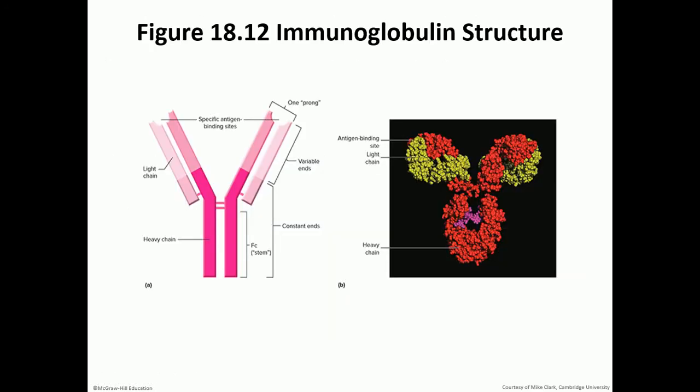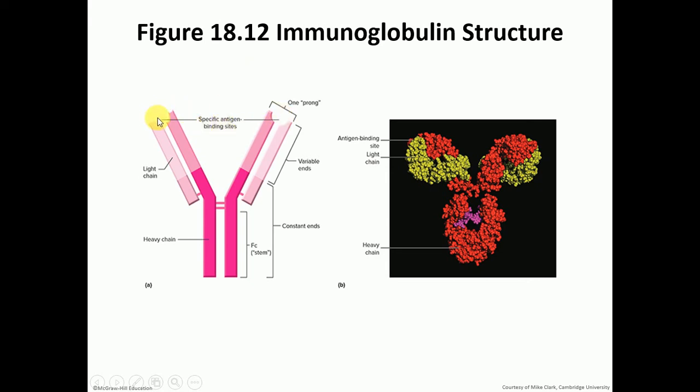So let's take a look at the structure of an immunoglobulin. Immunoglobulins have 4 protein chains. So there are 2 light chains and 2 heavy chains. They are Y-shaped. The part of the Y on top is known as the specific antigen binding site.